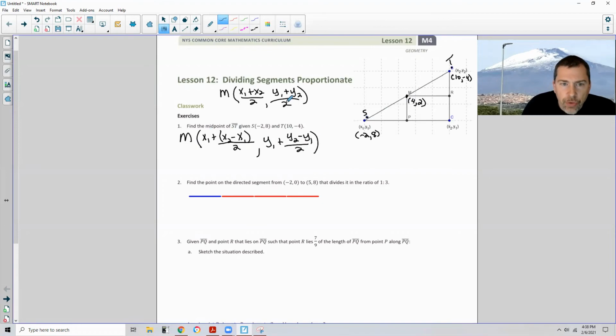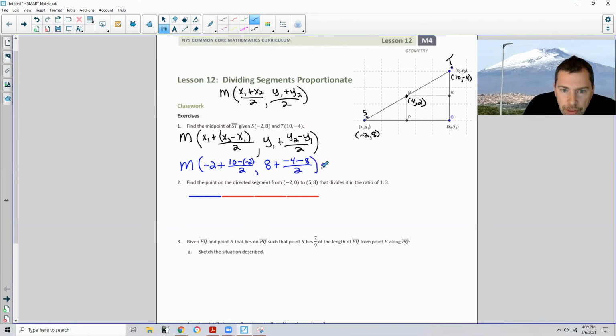When I do this formula, watch what's going to happen. I'll change colors just to show you. X sub 1 is -2 plus X sub 2 is 10 minus X sub 1, which is -2. Careful, minus a -2 is plus 2, over 2, comma, Y sub 1 is 8 plus Y sub 2, which is -4, minus Y sub 1, that 8, divided by 2.